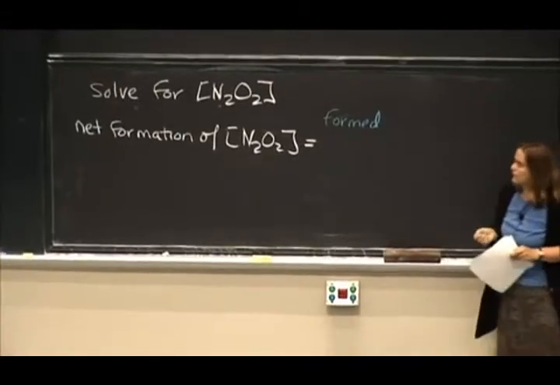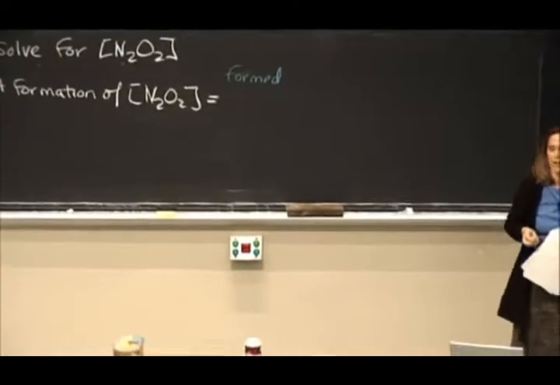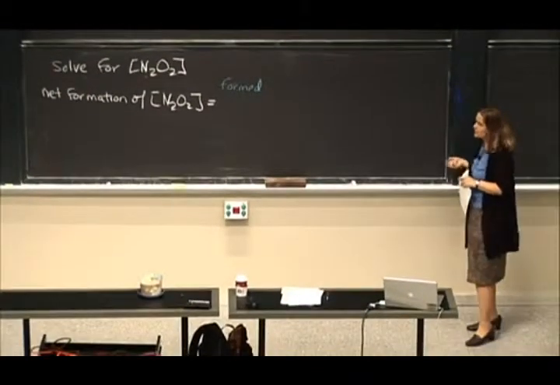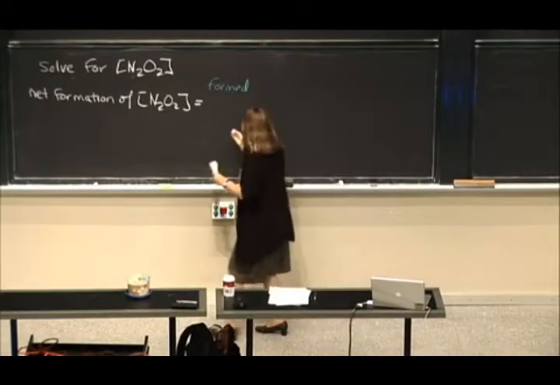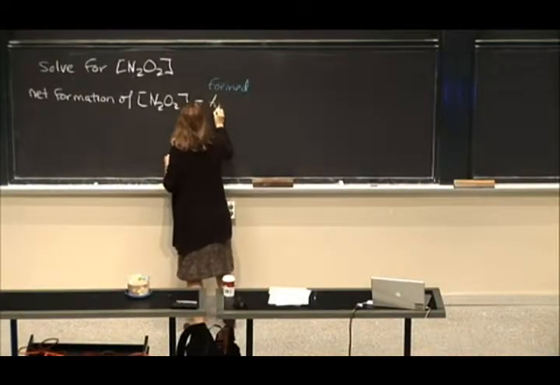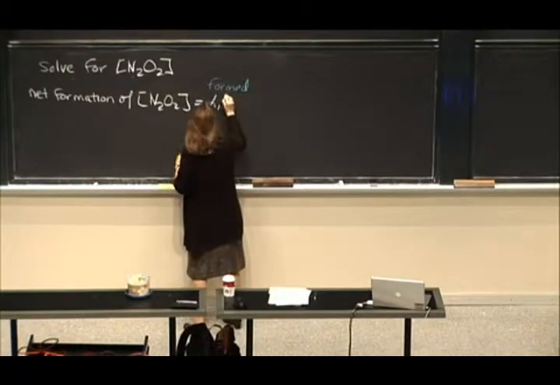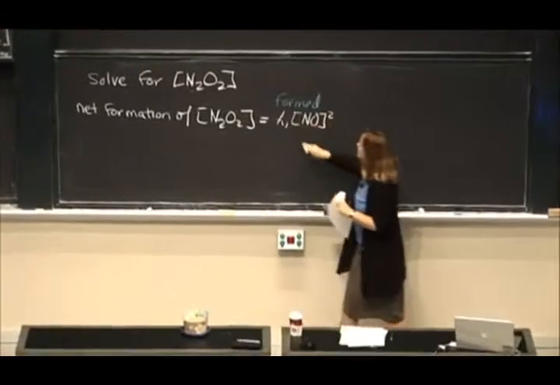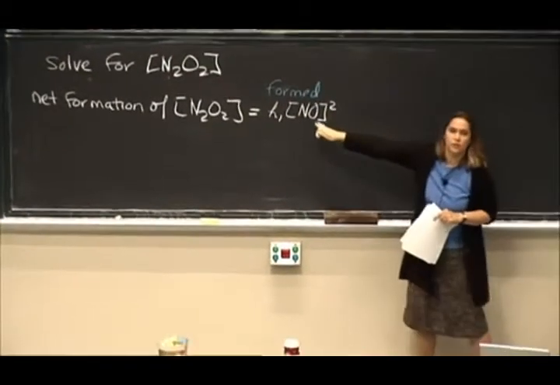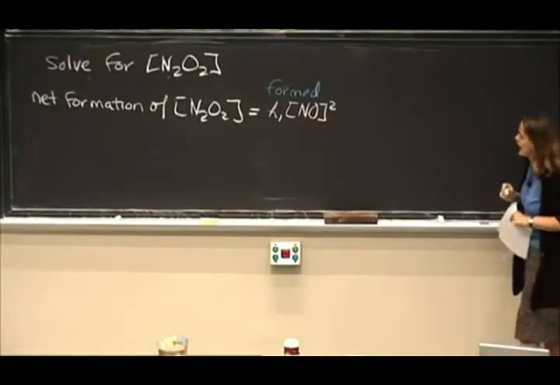What step is the intermediate formed in? It's in step 1 in the forward direction. So the rate at which it's formed is K1 times NO squared. So that's the forward rate of the first step.